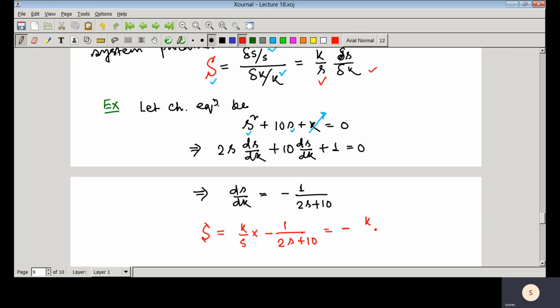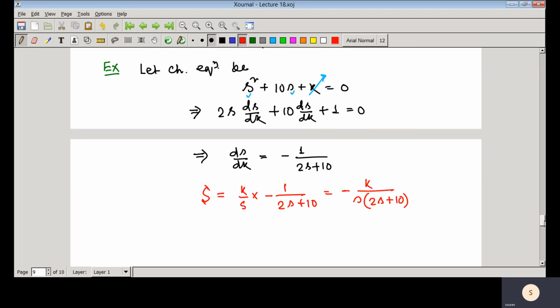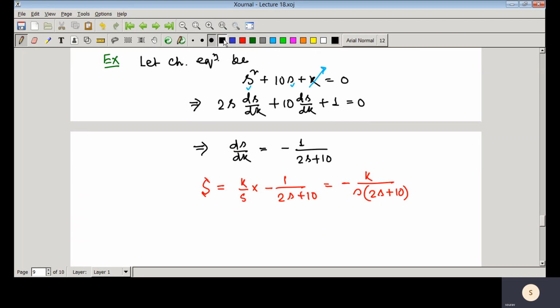So you would have K by S into 2s plus 10, with a minus sign. That is the root sensitivity, and this is actually a complex quantity.